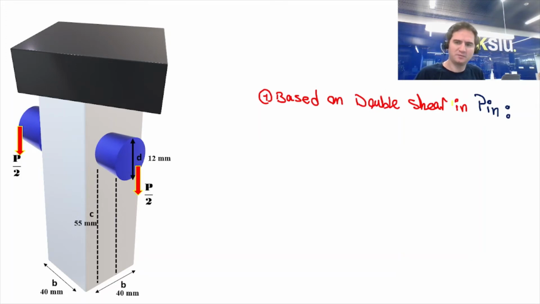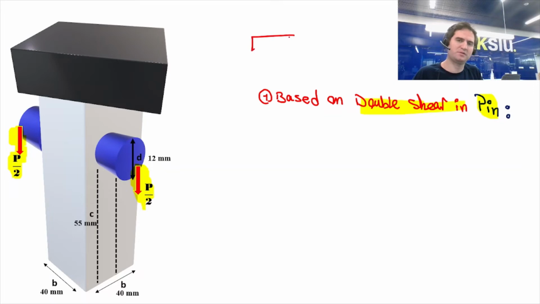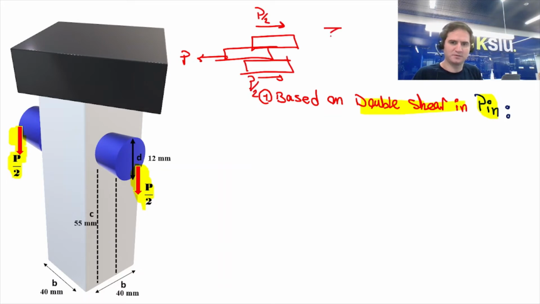First of all, based on double shear in the pin. Half of the force is applied to this side of the pin and the other half to the other part, so that's a double shear condition. If you remember from the double shear condition, if there is a P applied, half of that applies here, so tau failure is P over 2 over area.